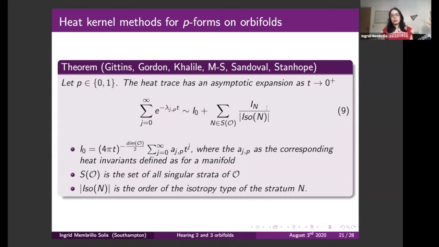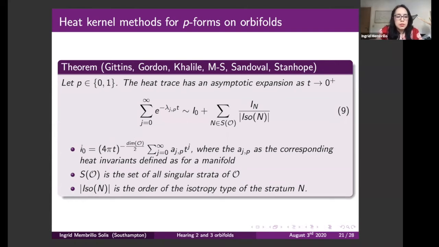And here I have to go slowly because this is a bit long statement of this theorem. Here I just want to point out that this part, I naught, has to do with the contributions of the regular points, and the other summand in the expansion has to do with the singular points.